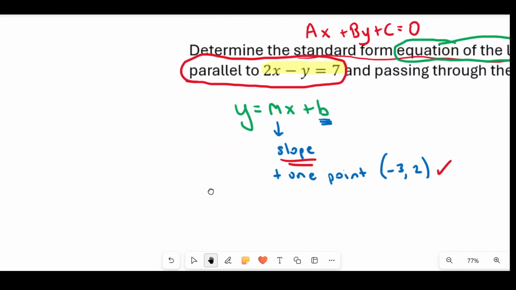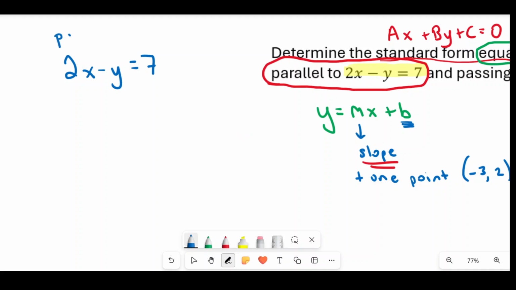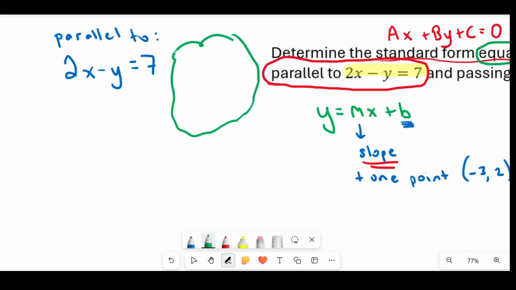Let me move the screen over so I can focus just on that line. So we're looking for parallel to this, and of course we know that parallel means same slope.